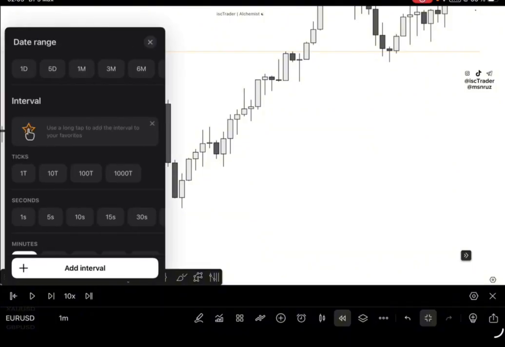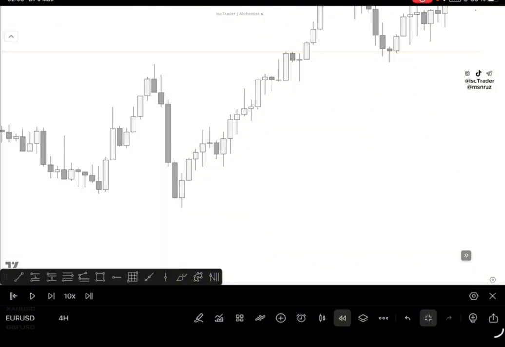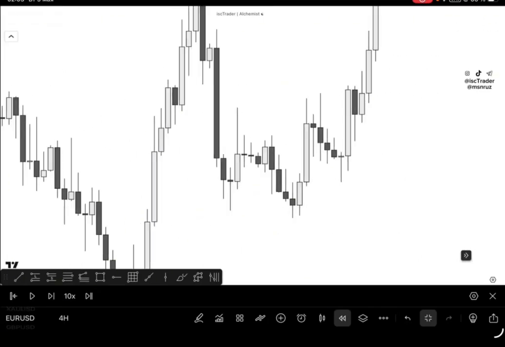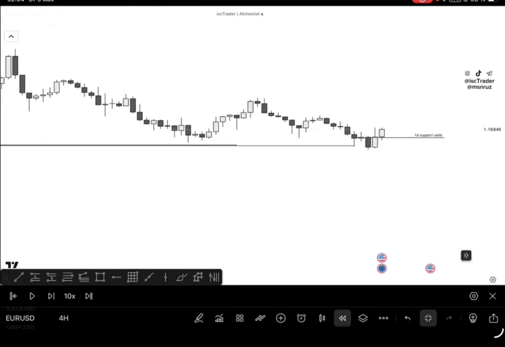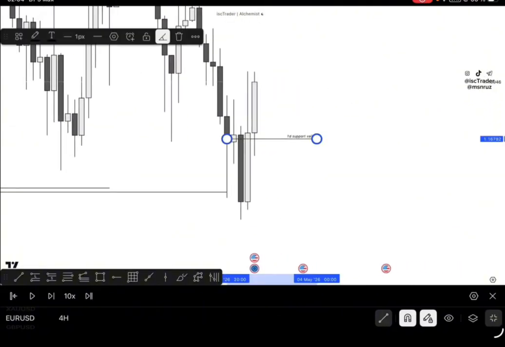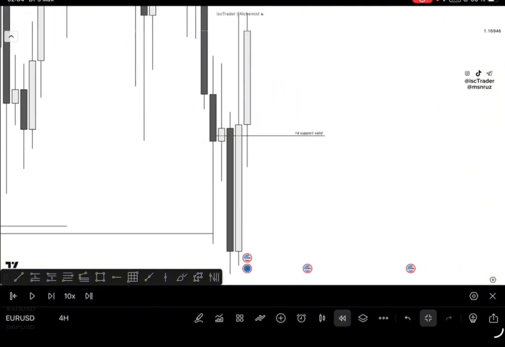Alright. And we have another zone on the 4-hour time frame. Alright. A support zone on the daily. On the 4-hour, it aligns with the QM. Alright.